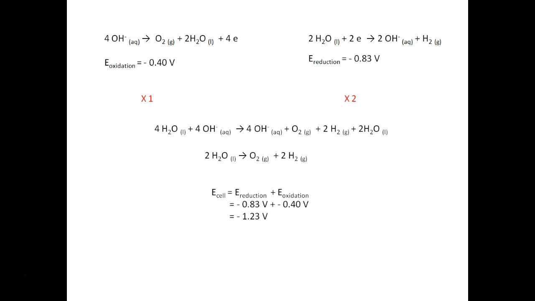And then I can also determine my cell potential. So I would have to add 1.23 volts minimum to force the hydrolysis of water, and to have water break down into oxygen and hydrogen gas.